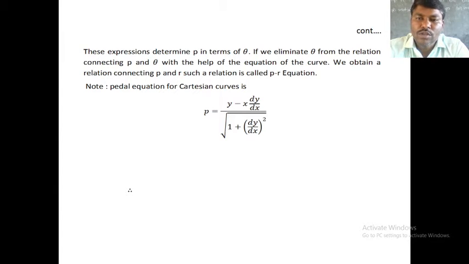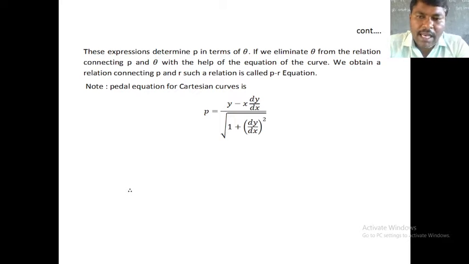These expressions determine p in terms of theta. If we eliminate theta from the relation connecting p and theta with the help of the equation of the curve, we obtain a relation connecting p and r. Such a relation is called the p-r equation.